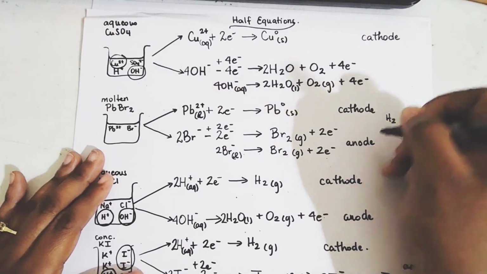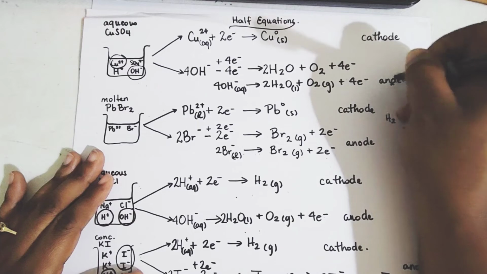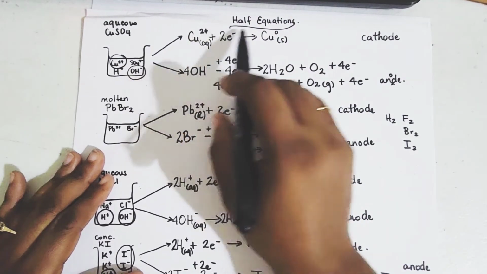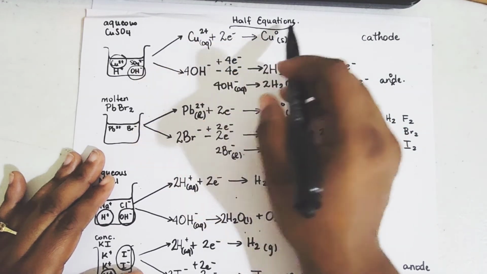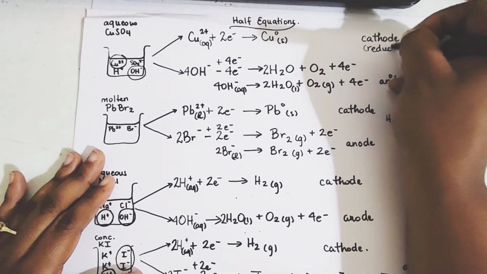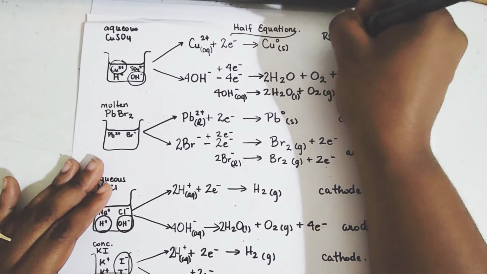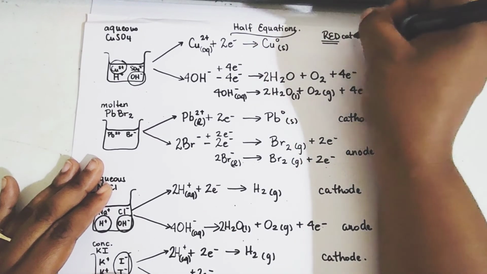And if you look carefully, you would realize that at the cathode, you have reduction because it went from a +2 state to a 0 state, right? We went from +2 to 0, so we know at the cathode, reduction happens. So to remember that, we say red cat. Reduction at cathode.